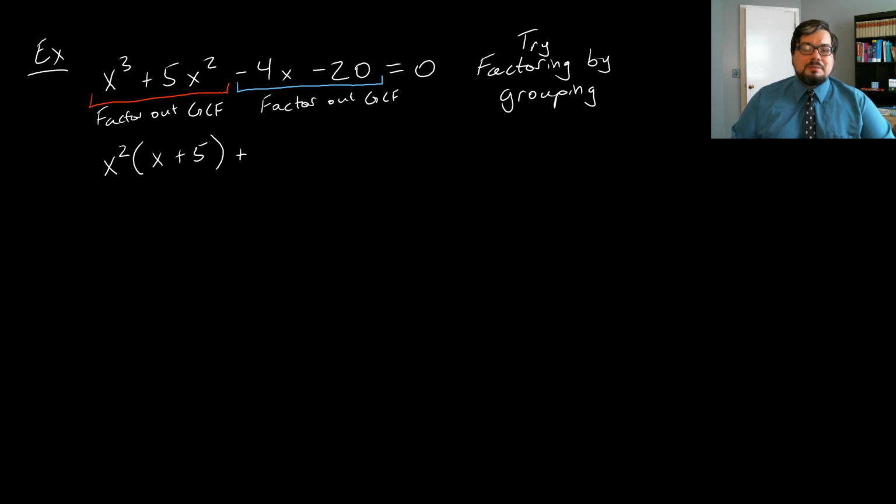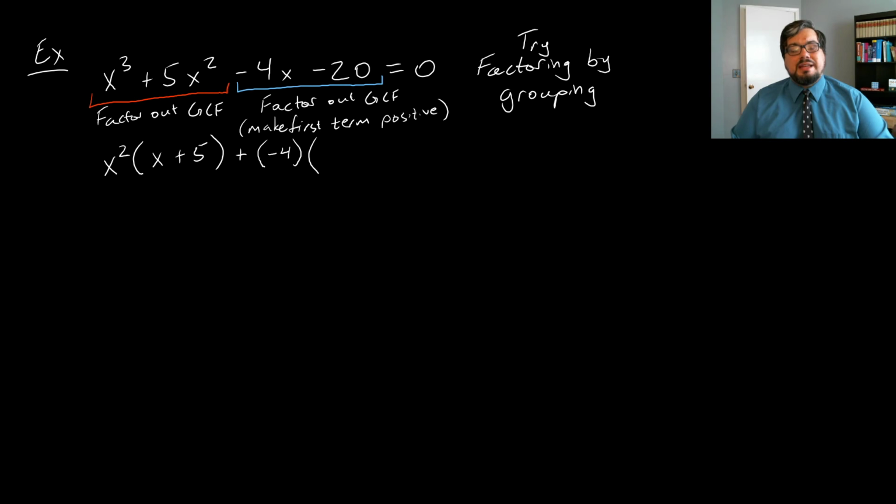Now, in fact, we want to be a little bit more careful. We actually want to factor out a negative 4, because we always want to make sure the first coefficient is positive. Because we had a negative 4 in our first term here, we want to factor out a negative whatever our greatest common factor is.